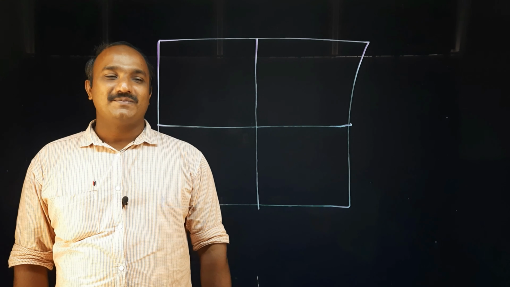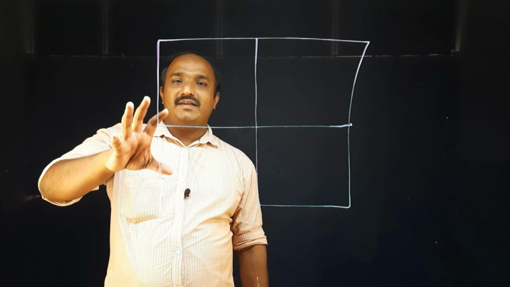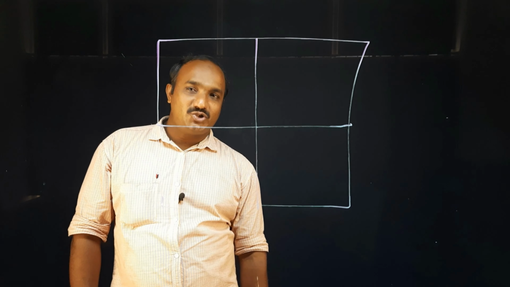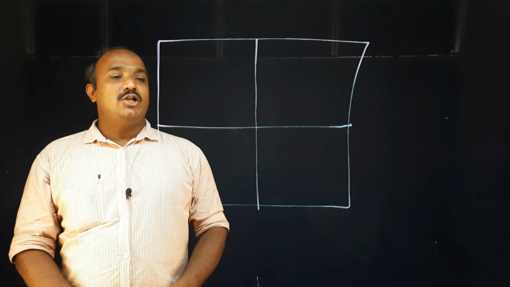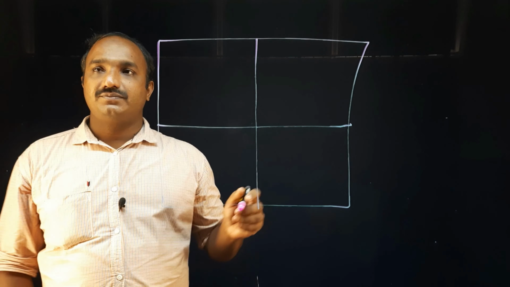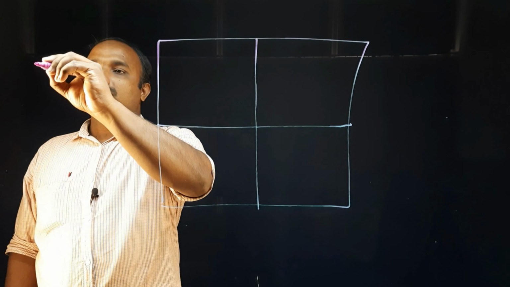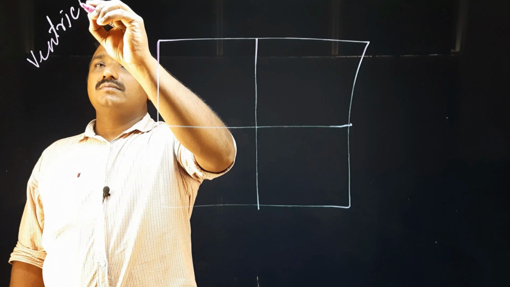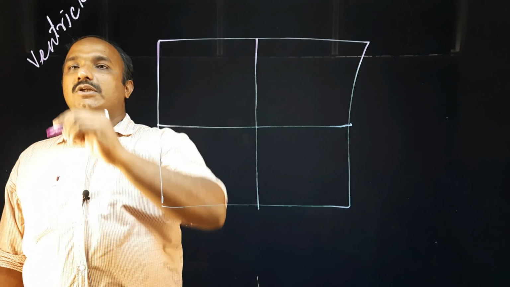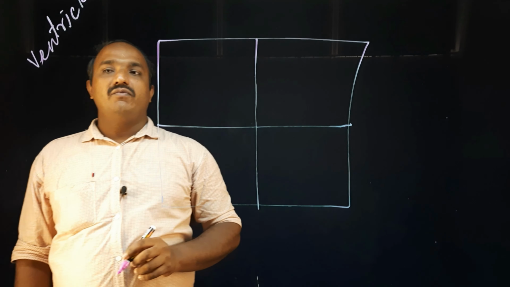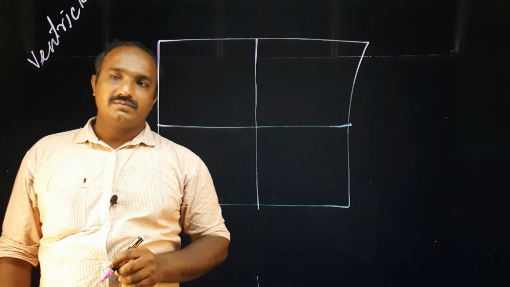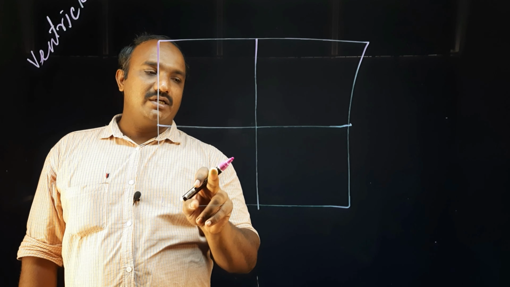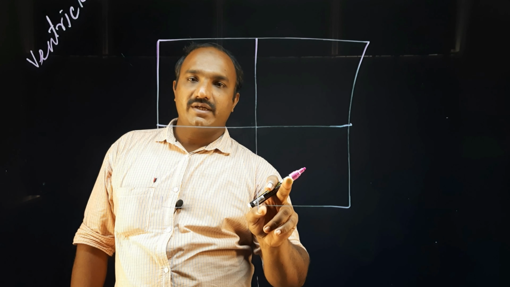There are 4 chambers: upper chambers 2 and lower chambers 2. The lower chambers are called ventricles. This is the right ventricle, this is the left ventricle.